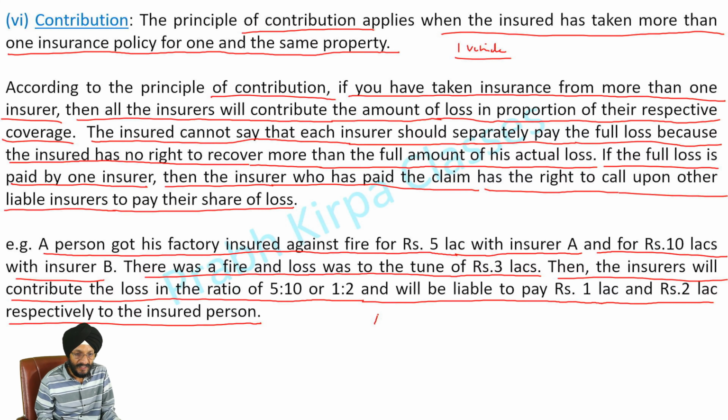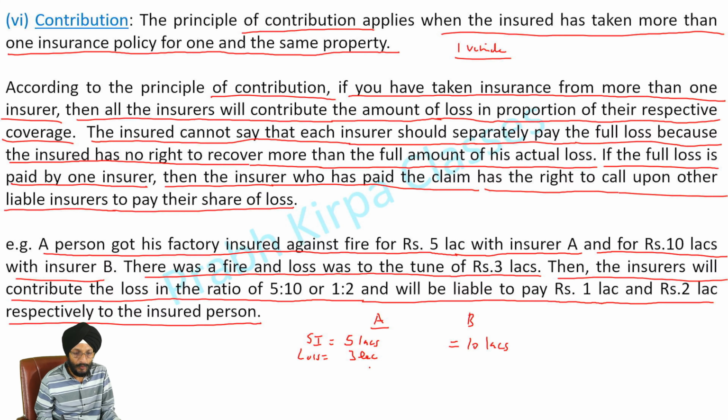That is, in the case of insurance company A, the sum insured was 5 lakhs. In the case of B insurance company, the sum insured was 10 lakhs. Loss is total rupees 3 lakhs.